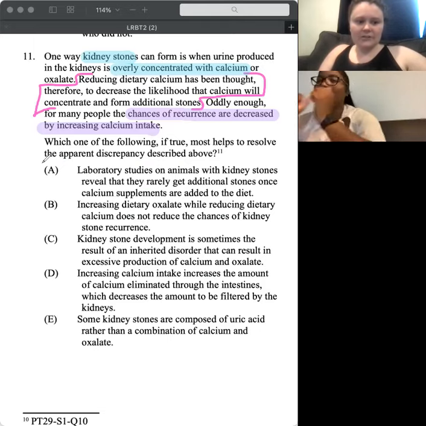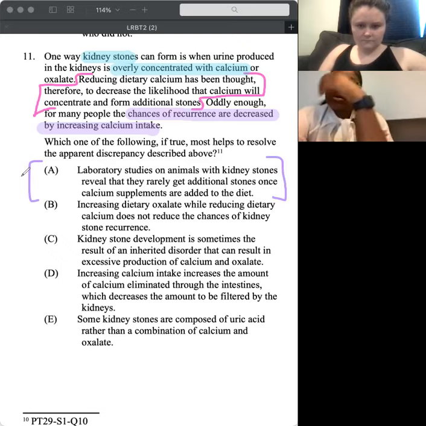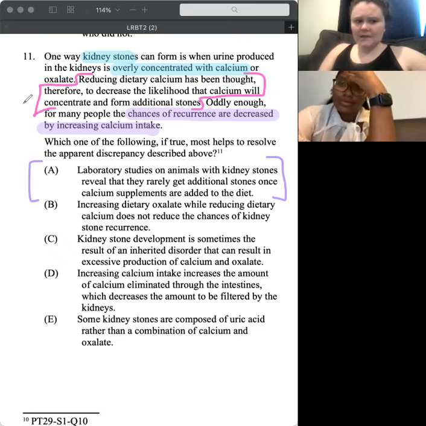So let's go ahead and start with A. Does that explain why this could be happening? No. Just because that's happening in lab studies on animals, that doesn't explain why this is happening here. So we can cross that off. What about B?